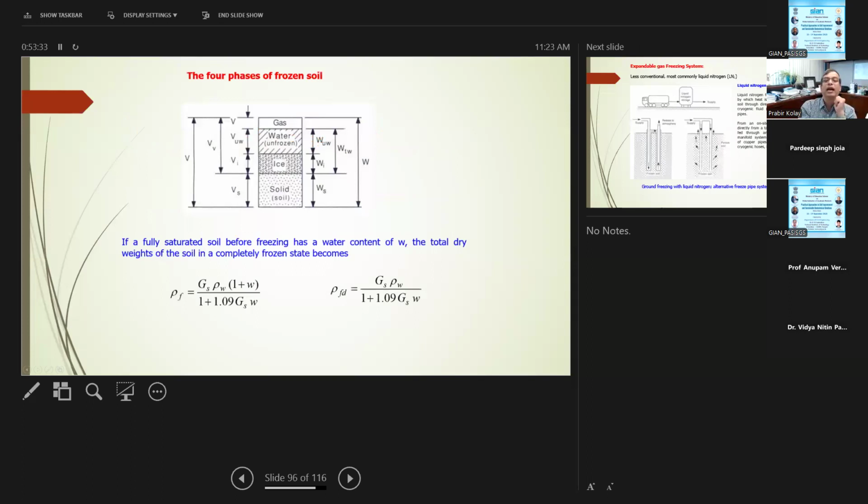So here, if you want to read more details about frozen soil, there are phase diagrams: the gas here, the unfrozen water, the water that is not frozen, then water forming ice, and then the solid. These are the few things you need to know while designing this: the unit weight or density, and the specific gravity, gamma W by 1 plus e, which is a little bit different from the conventional one.